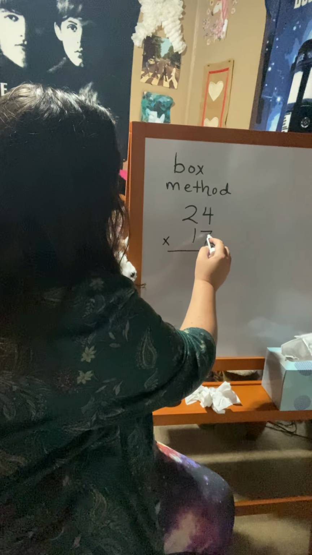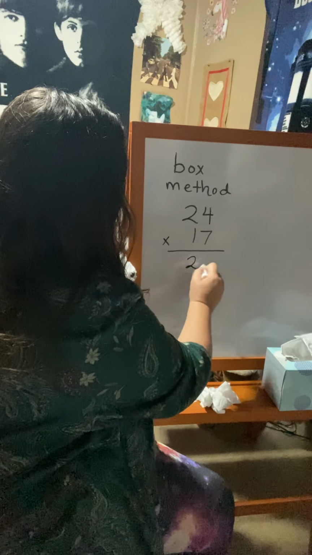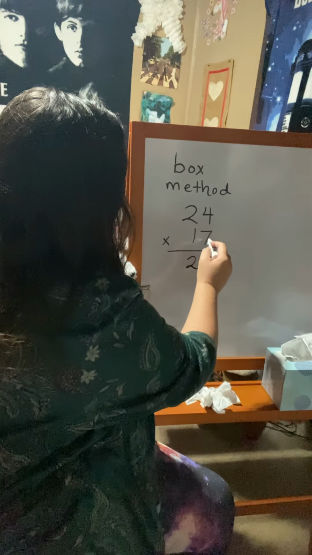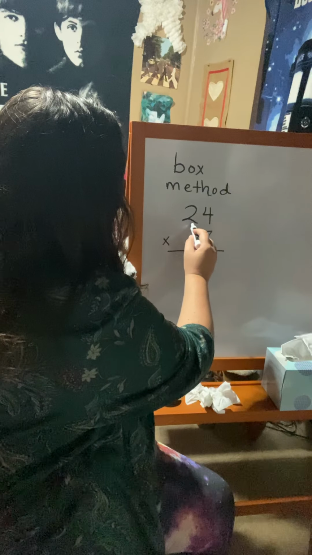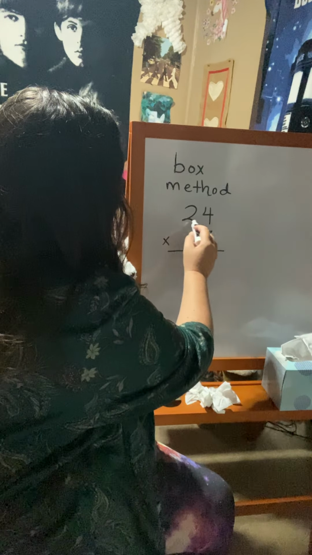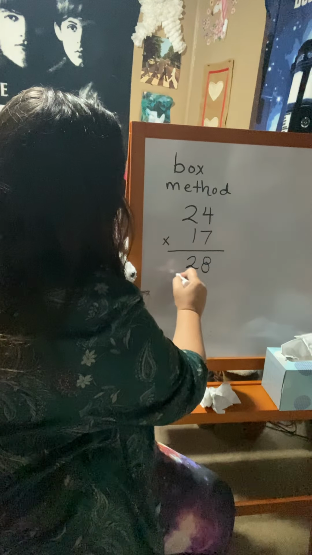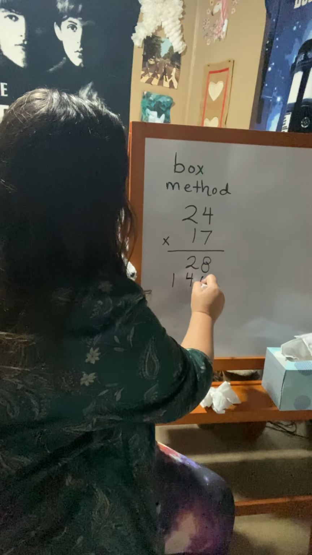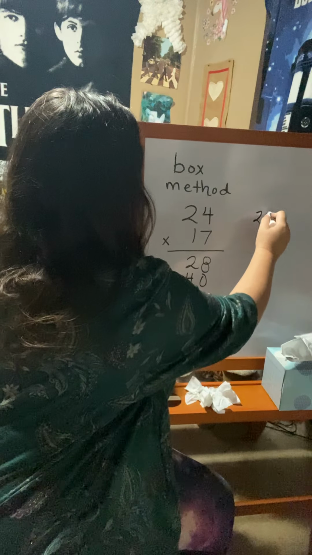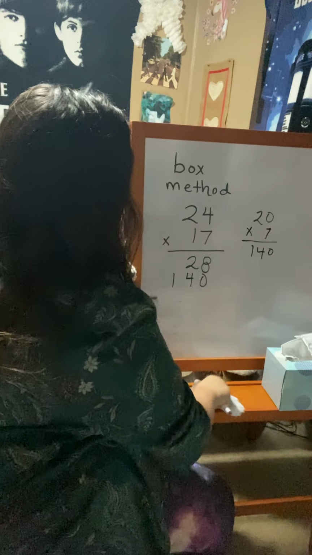It's in the ones place, so it's just 7 and 4. 7 times 4 is 28. This is a 7, but this is not just a 2, it's a 20. It's in the tens column. So what is 7 times 20? Well, 7 times 2 is 14 plus the 1 zero. 20 times 7 is 140.